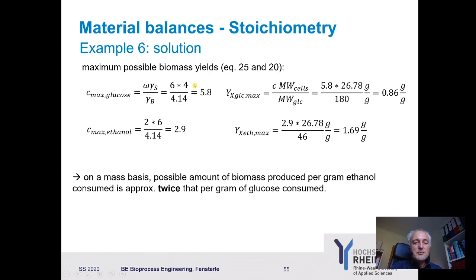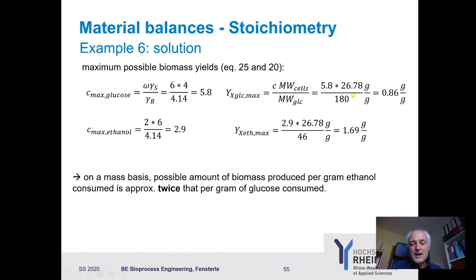Now the maximum possible yields, we calculate it the same way as we have done it before in this example. So we use this equation for the maximum possible yield with glucose, and we have also the equation with respect to the mass terms, and we use the degrees of reduction. We have calculated the degrees of reduction for glucose, so we get 5.8.